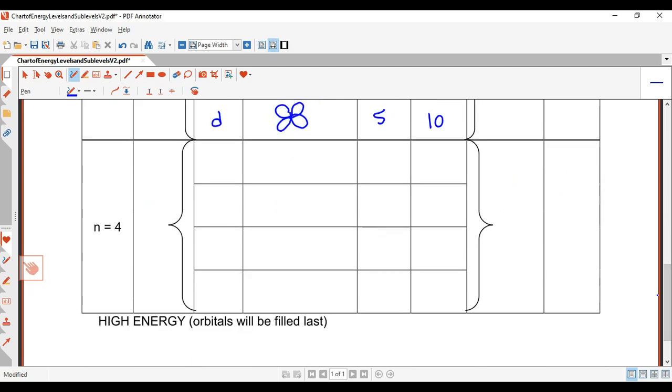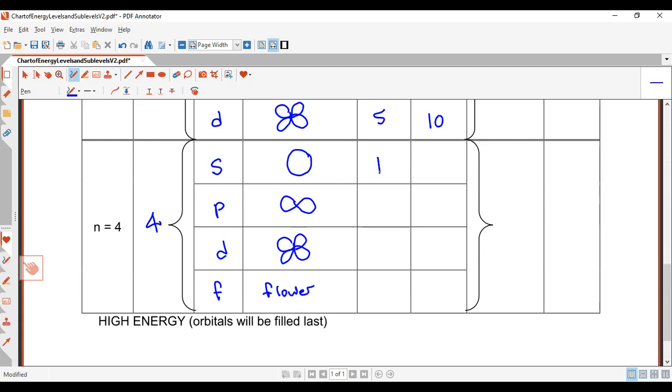In the next energy level, since n is equal to 4, we have 4 possible values for L this time. So we have S, P, D, and F. So we have a sphere, a dumbbell, a double dumbbell, and a flower.